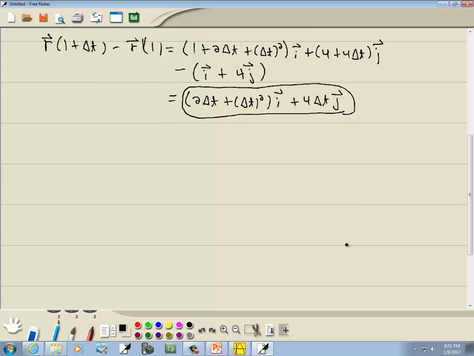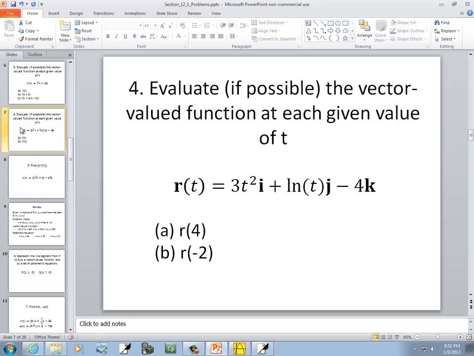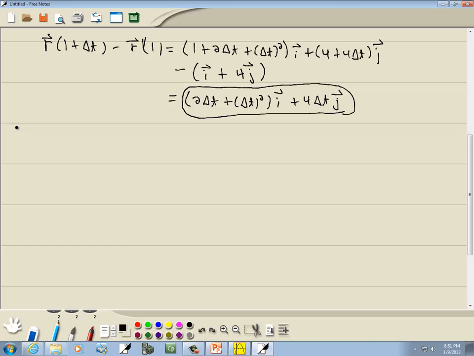This one's in 3 dimensions. So let's look at it. r of t is equal to 3t squared i plus natural log of t j minus 4k.